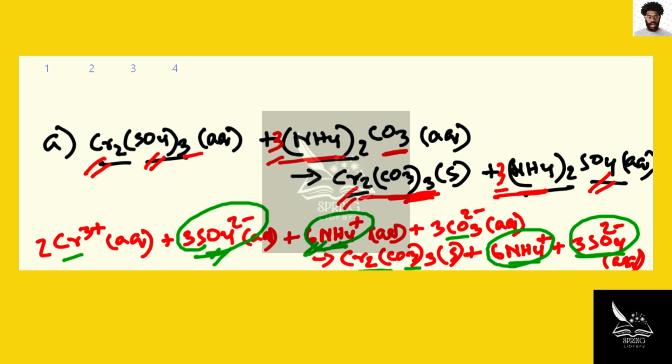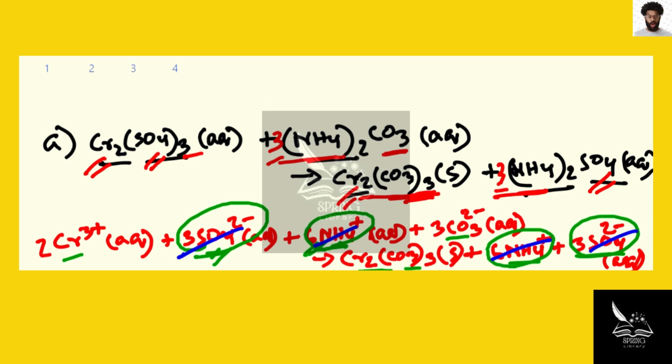And while writing the net ionic equation, we will just simply cut these two and write the rest of the ions or the particles present.